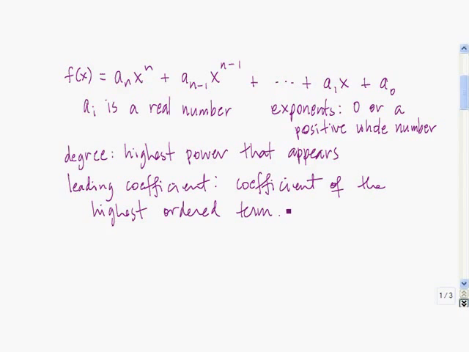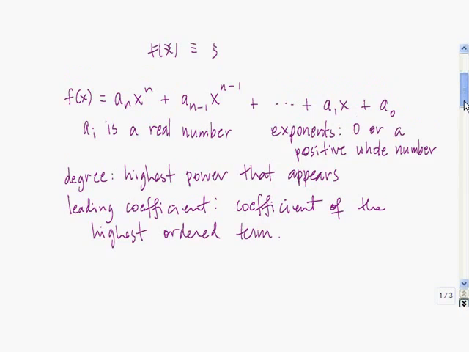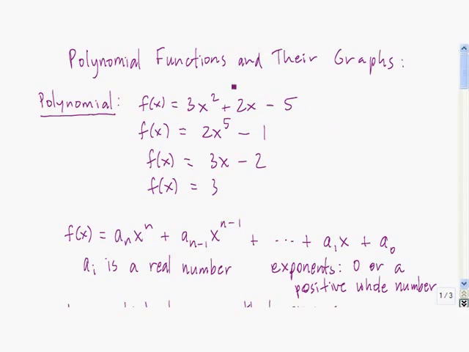Okay, let's take a look at the examples I gave you a little bit ago and identify each of these properties. For this polynomial right here, 2 is the highest power that appears, so the degree of this guy is 2. The leading coefficient is the coefficient of the highest powered term.